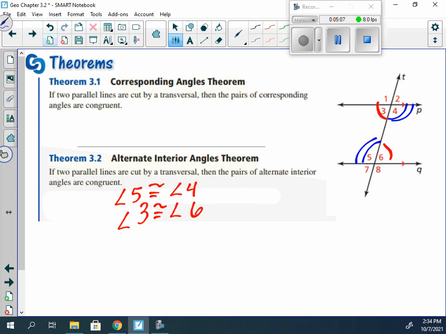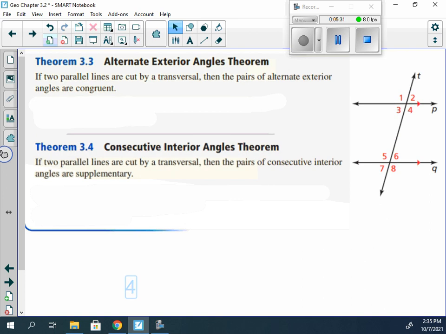And 5 and 4, those alternate interior angles are going to be congruent. So corresponding angles are congruent if we have two parallel lines cut by a transversal. Corresponding and alternate interior angles are going to be congruent.